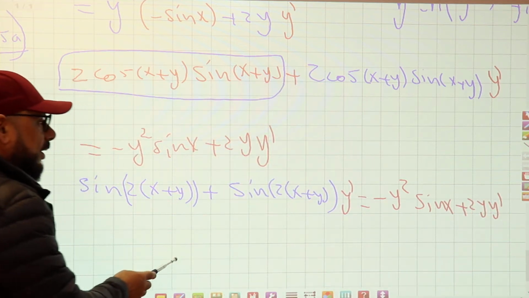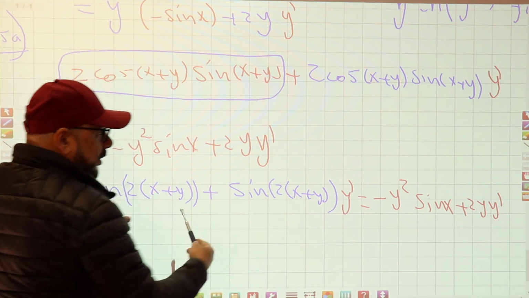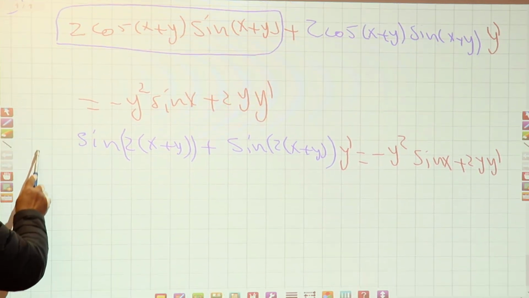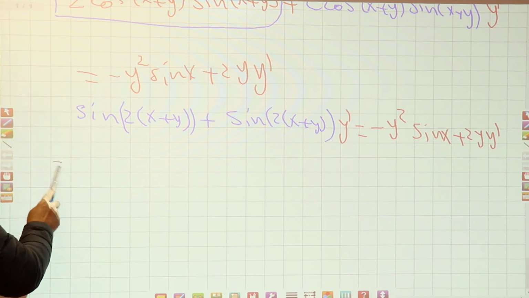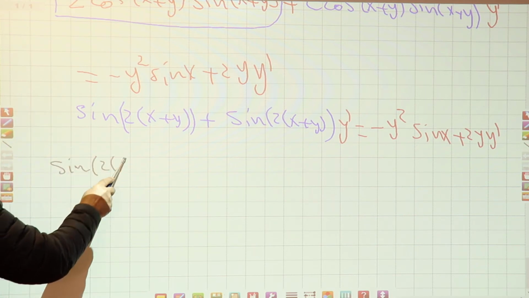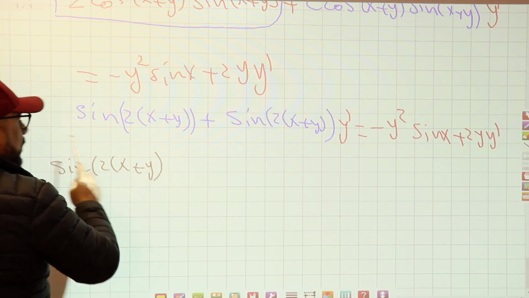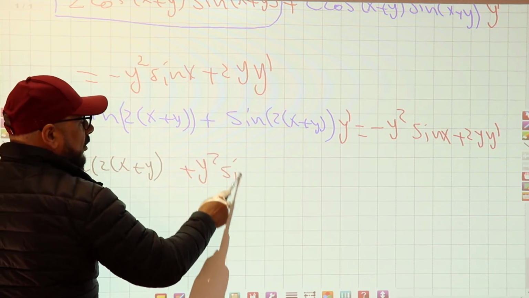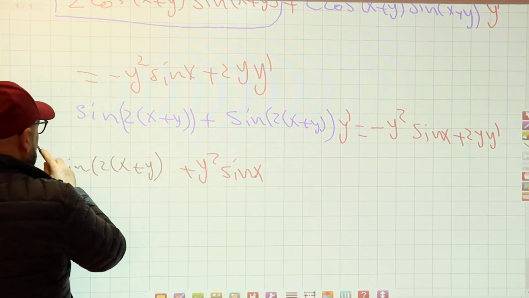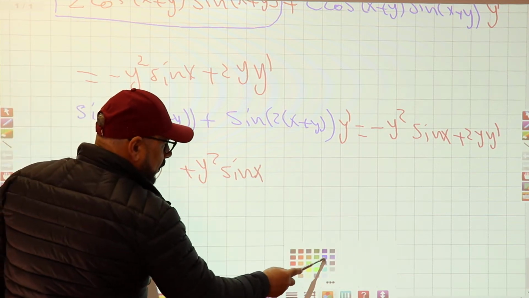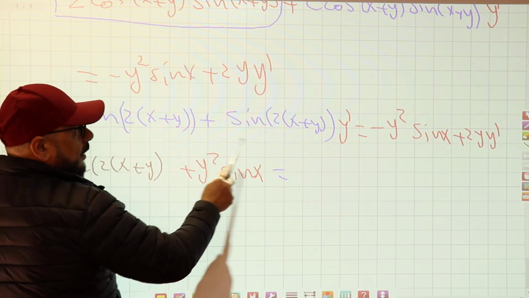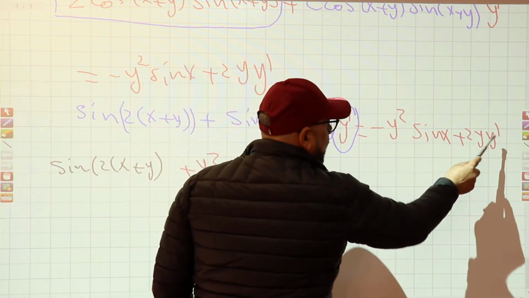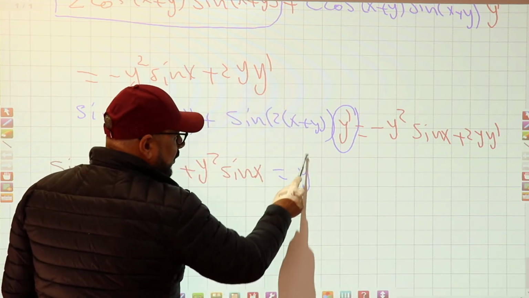Now let us organize. I'm going to take this term here: sine 2(x plus y) plus y squared sine x equals. We take the y prime terms as a common factor.